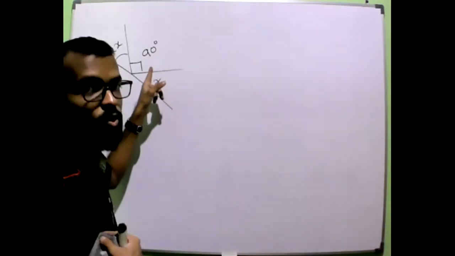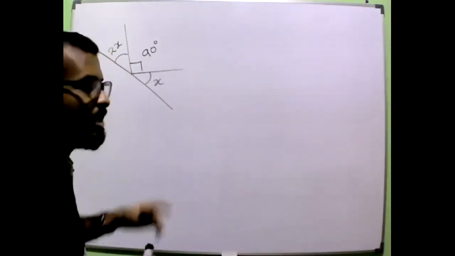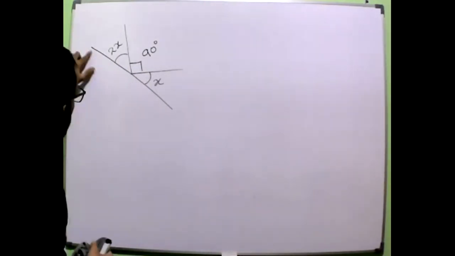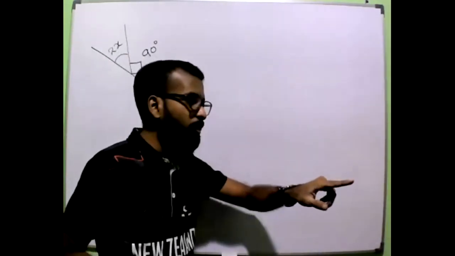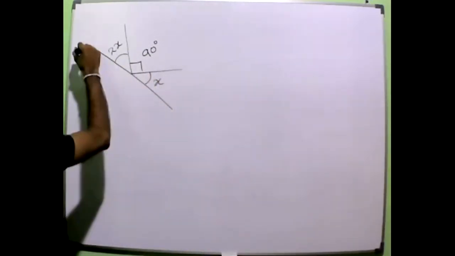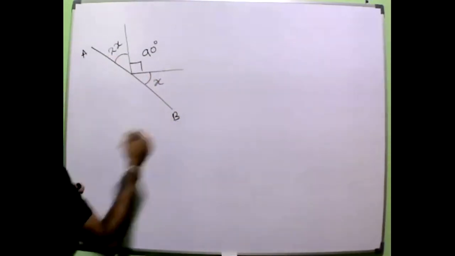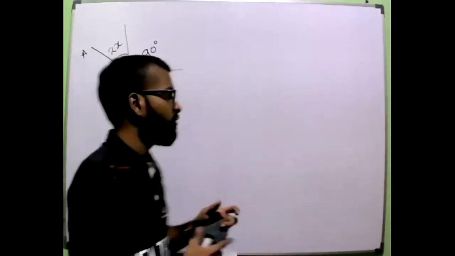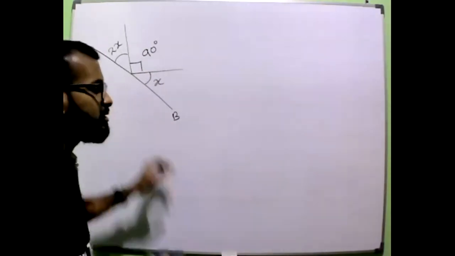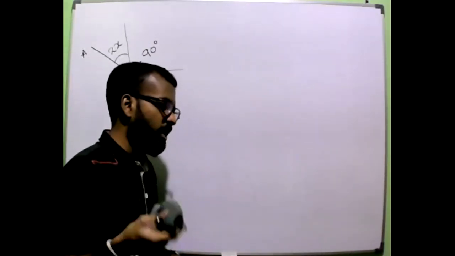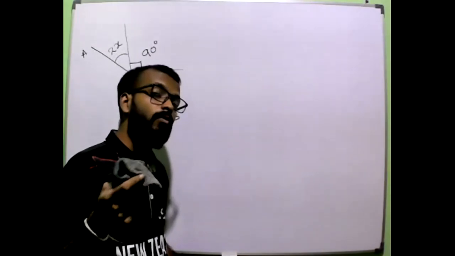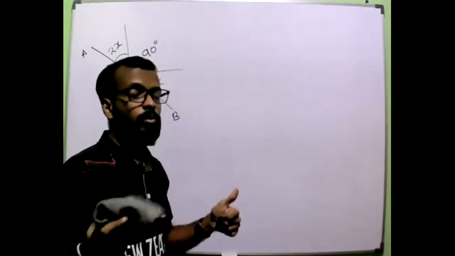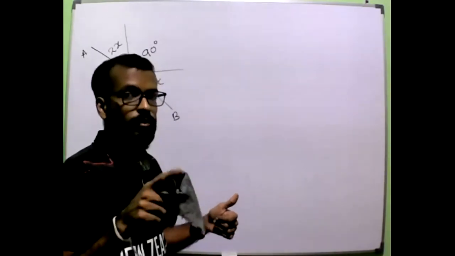So that is what I know, 90 degrees, first step. Second thing, this is a straight line. They have given it in the figure, AB is a straight line. What I said to you: when you hear the word straight line, you need to remember 180 degrees.